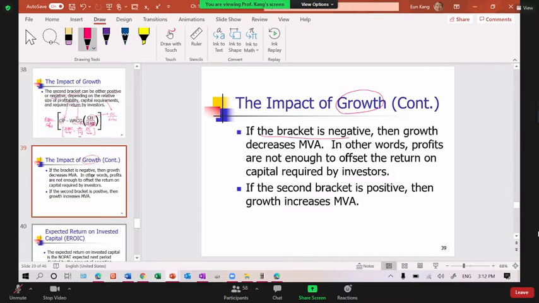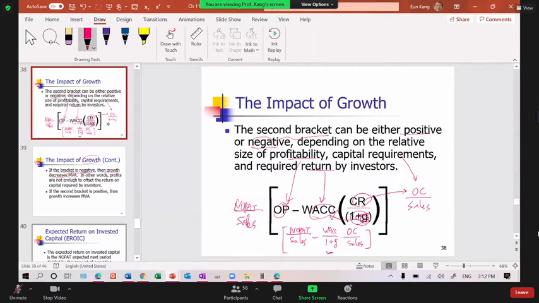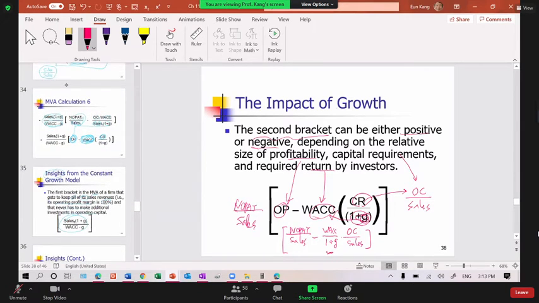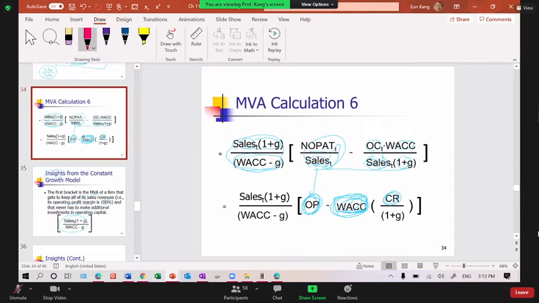So if the bracket is negative, then growth decreases MVA, right? If this square bracket is negative, then you will see that in the MVA formula, sales times 1 plus G over WACC minus G is positive.